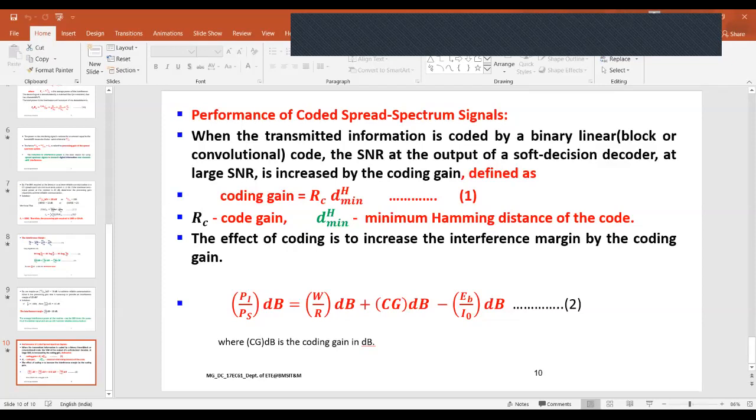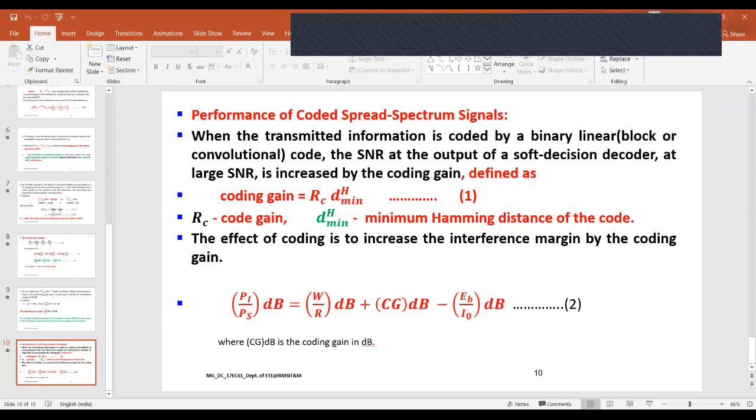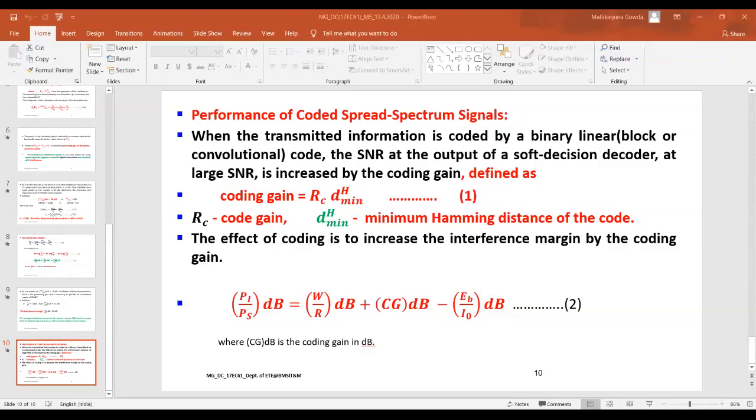So I can write Pi/Ps equal to W/R plus coding gain minus Eb/I0, where CG is the coding gain in dB. By having coding gain, I will be able to increase the interference margin. That is the net effect.